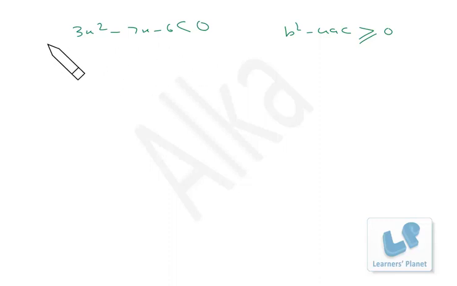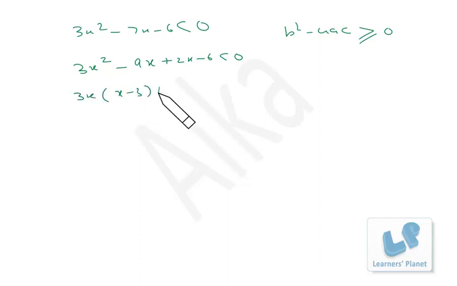So what will you do? Factorize that. 3x square, 6 3s are 18, so minus 9x plus 2x minus 6 is less than 0. Taking 3x common, we get 3x(x minus 3) plus 2(x minus 3) less than 0. So (3x plus 2)(x minus 3).